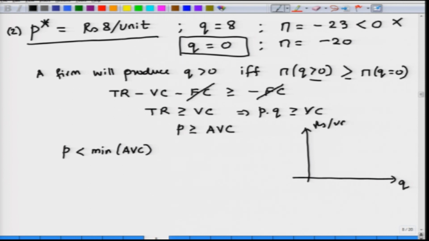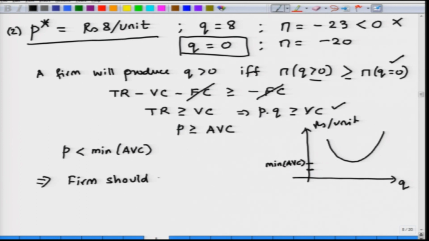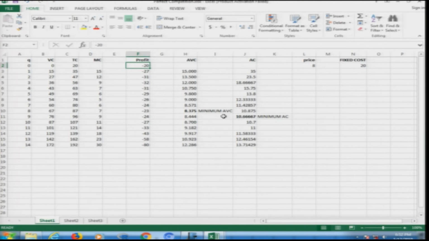If my minimum average variable cost is here and my price turns out to be smaller than this lowest average variable cost, then it will never be larger than any other average variable cost, which means it will not satisfy this condition, which essentially means that the firm should not produce, which means that the firm should shut down.